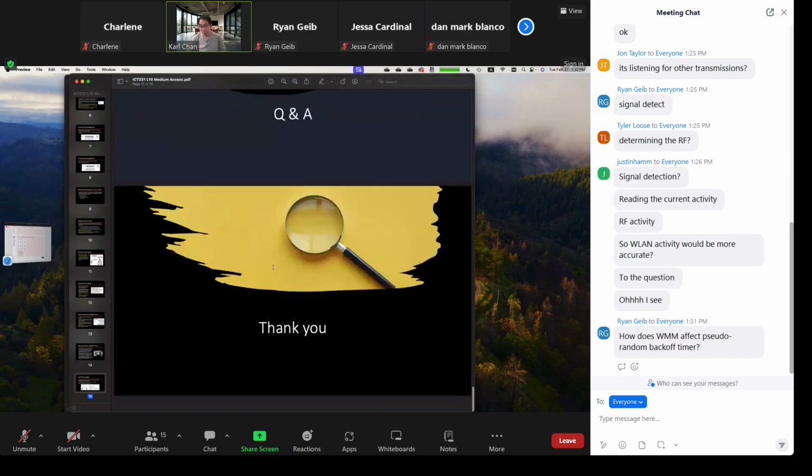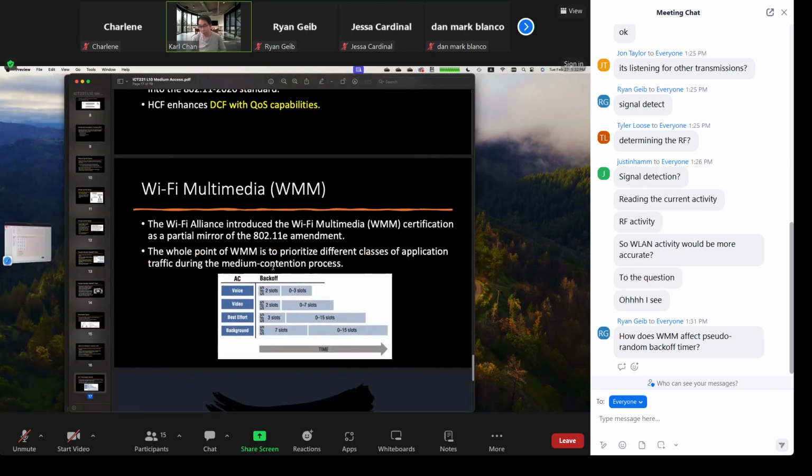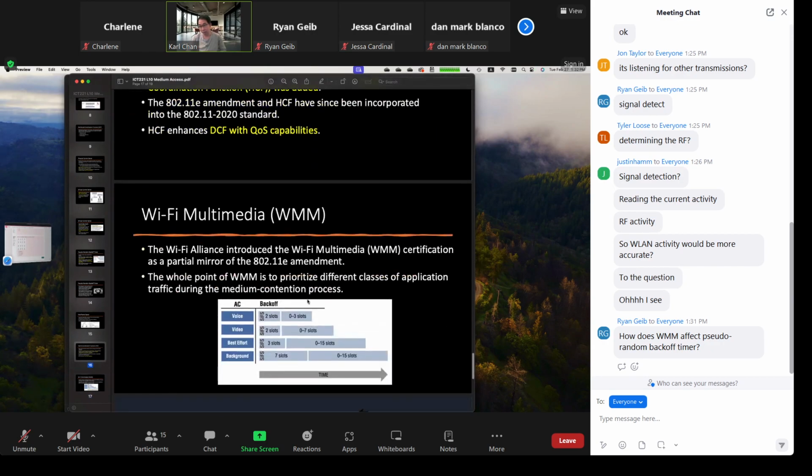Okay, WMM will not affect the pseudo random backoff. No, yes, they will, but they have different slots for different media.